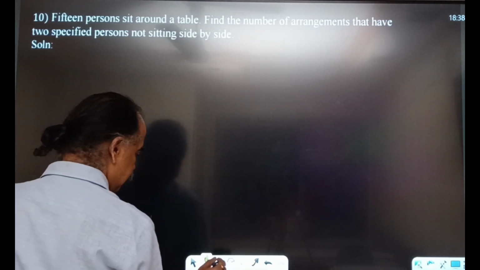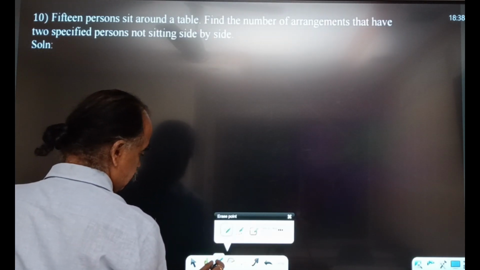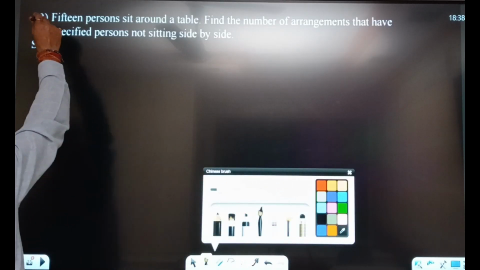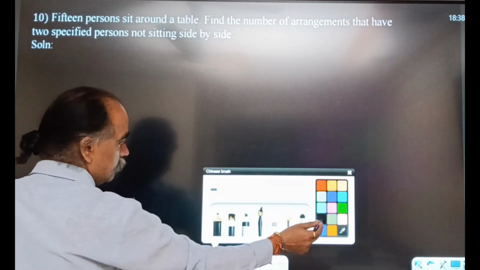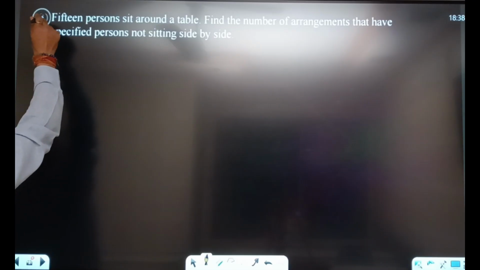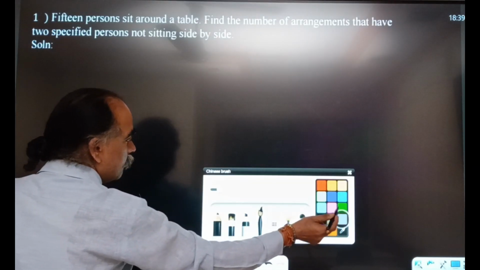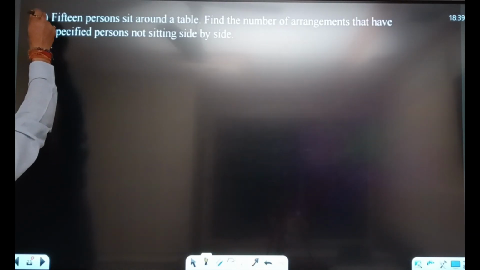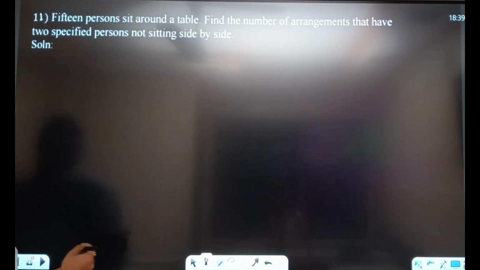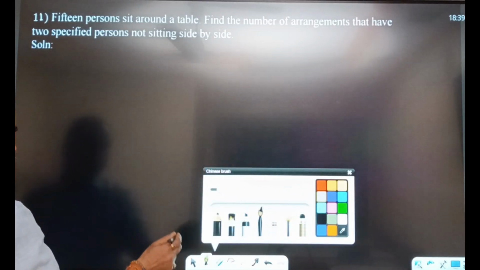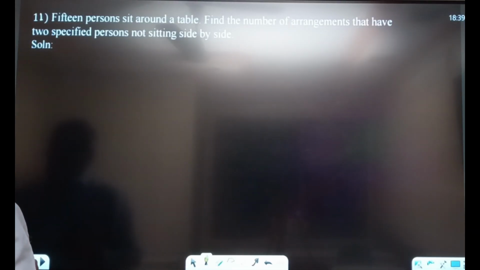This is the 11th one. Two specified persons are not sitting side by side.